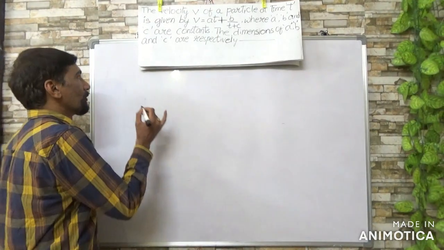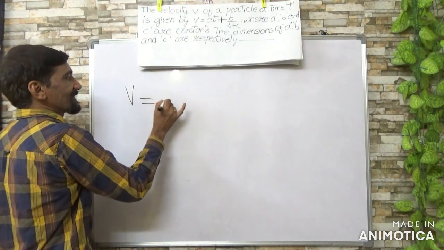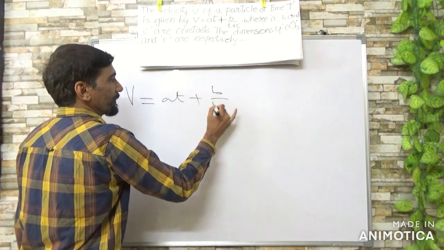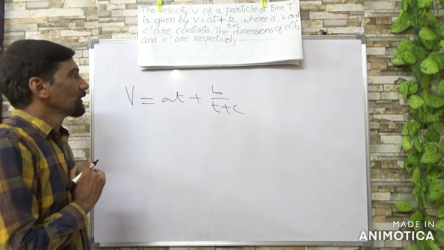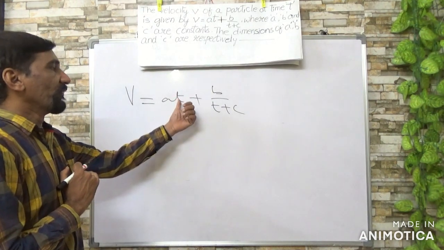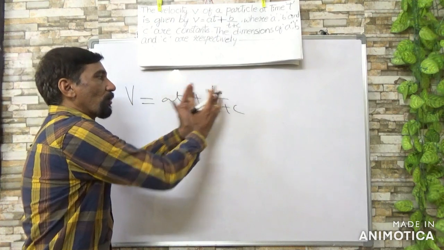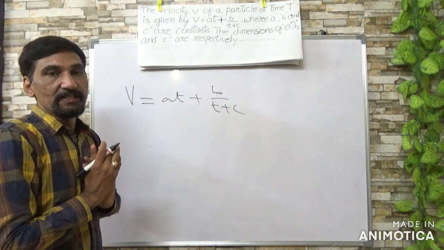Now, velocity of a body is given as AT plus B by T plus C. Okay, so that is your given problem. Where T is time. So unless the two quantities are velocity, we cannot add or subtract.